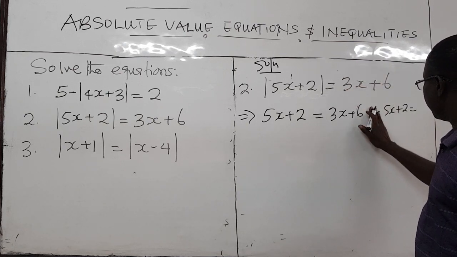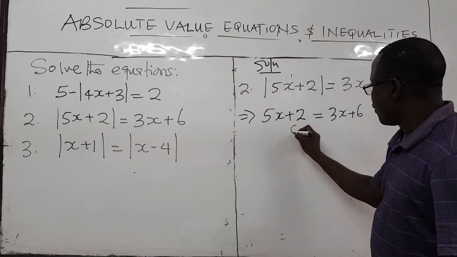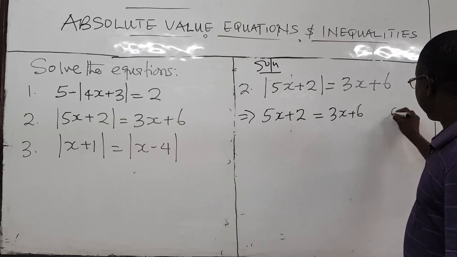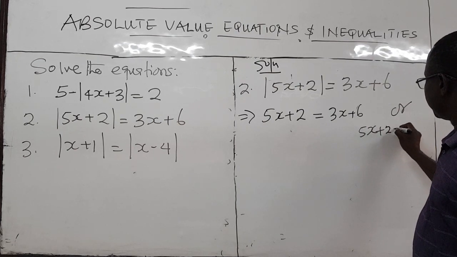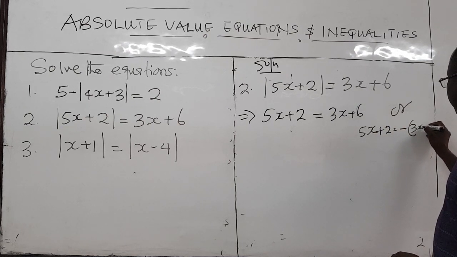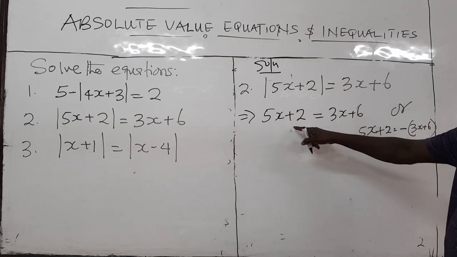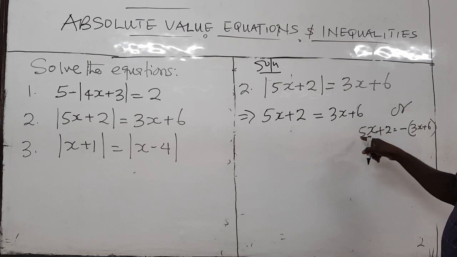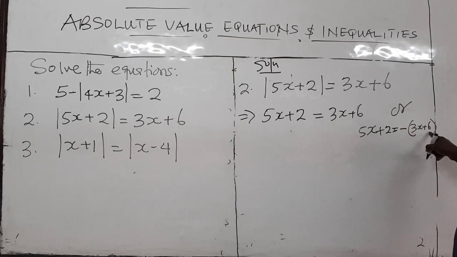Let me write it down here so that you see. Or 5x plus 2 is negative of all of that, 3x plus 6. So you have this, or this is equal to negative 3x plus 6.